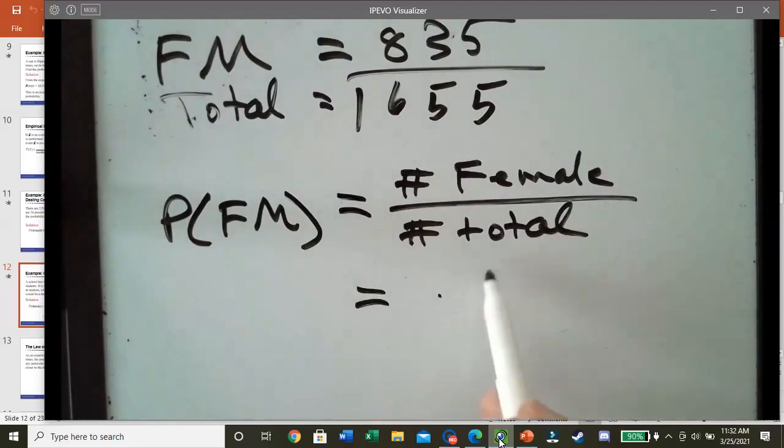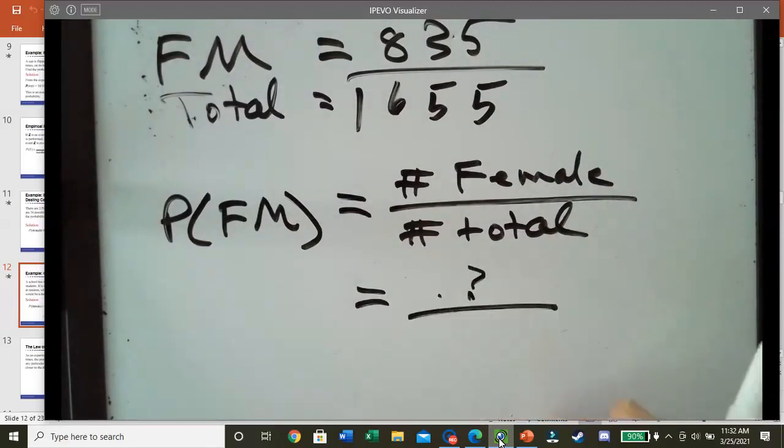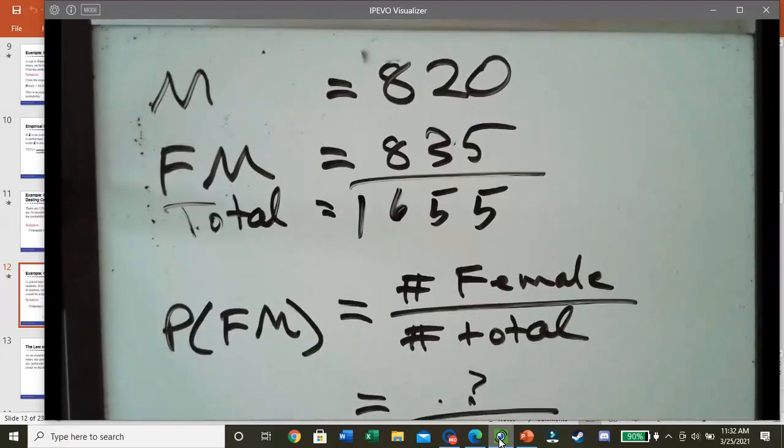So what are we going to put in the numerator? Yeah, 835. So that's 835 over 1655.